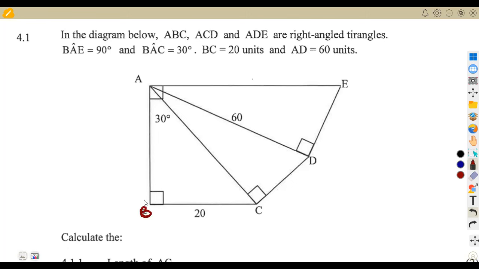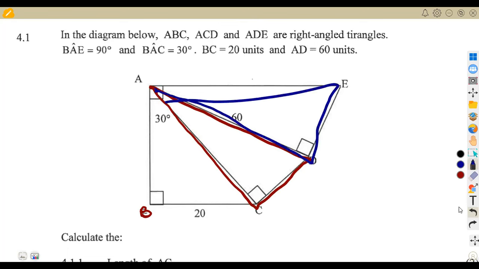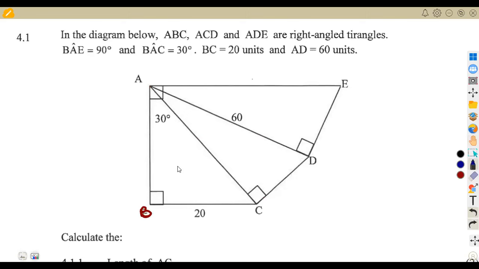So it's ABC, right-angled at B. Then ACD, this triangle here, is right-angled at D, like this. And ADE, which is a right-angled triangle again, has a right angle at D, like that.